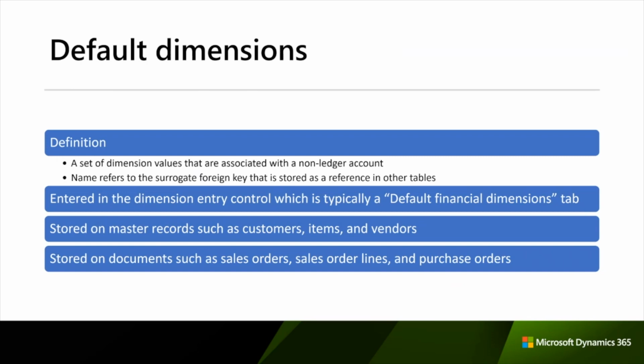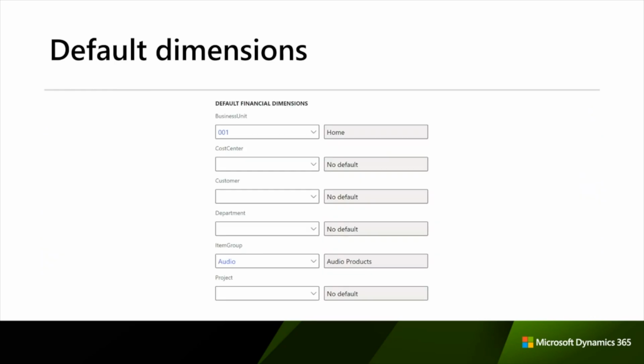These are stored on master records such as customers, items, vendors, or stored on documents such as sales orders, sales order lines, and purchase orders. And this is a picture of the dimension entry control, where you can see it has 1 value for business unit and 1 value for item group, and the others are blank.